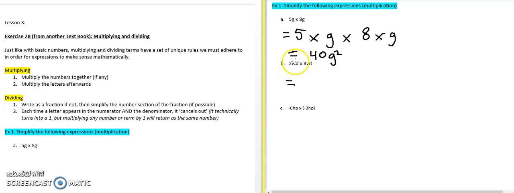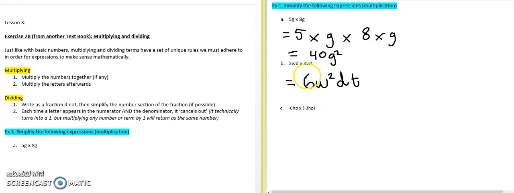So we have a 2, we have a 3, multiply those two together to give us 6. How many W's are there? There's 2 and they're being multiplied together. So it's W squared. How many D's are there? There is 1. How many T's are there? There is 1. And that's it. That's all there is for that answer.